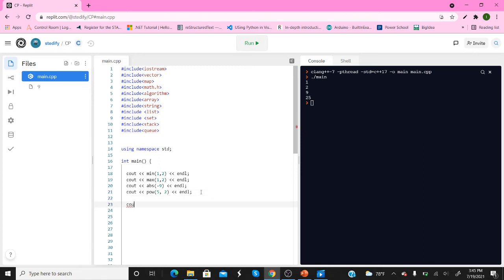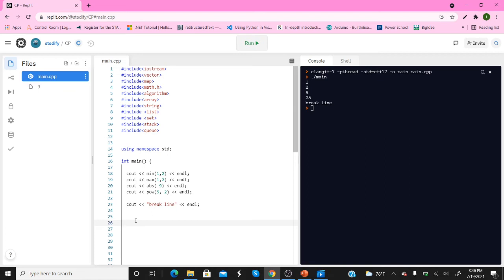Now we're going to move on to the actual addition, subtraction, division, etc. I'm going to do a break line to give us some space. Alright, so now we are going into some other arithmetic.